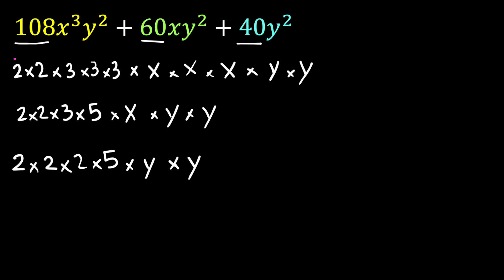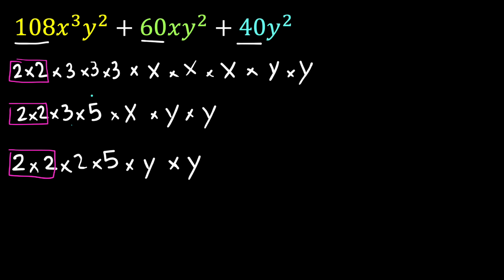As you can see, we have two 2's in all three terms, so we can take them as part of our greatest common factor. For 3, we have three 3's in the first term and one 3 in the second, but in the last term we don't have any 3, so we cannot take 3 as a common factor.